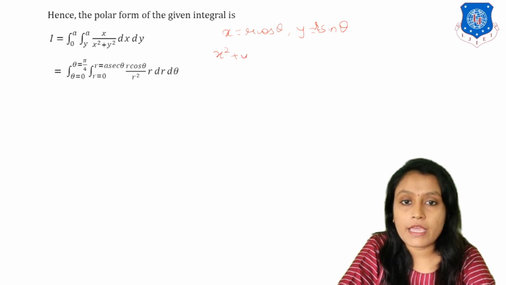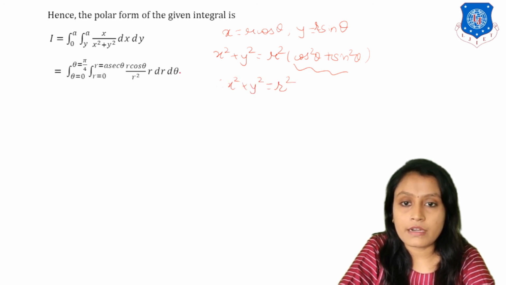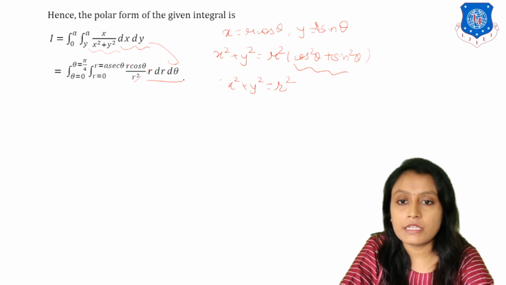So x square plus y square is r square cos square theta plus sin square theta, and we know cos square plus sin square is 1, therefore x square plus y square is r square, right? So in place of x square plus y square, just write r square, and in place of dx dy, we write r dr d theta. Now this r will get cancelled, and what remains is cos theta dr d theta.